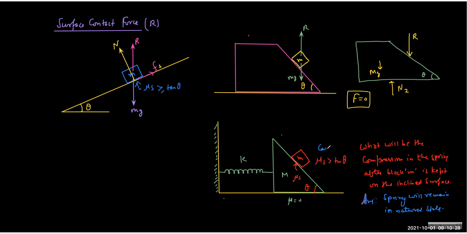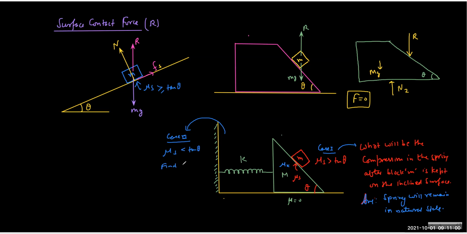So this is case one, and my answer is as per case one. I can create a question for the same setup, case two. What if, and of course mu k is also given, mu s is less than tan theta.